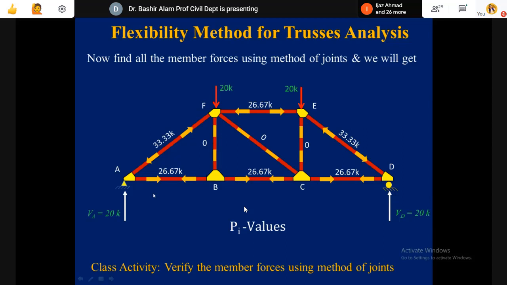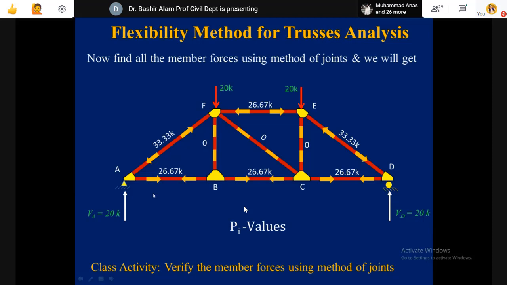Now if you have any confusion about fixing the direction of these member forces or the magnitude of it, I'm not running any sin theta and cos theta now. I'm just going by the ratios directly. Why is that? Because I would have to do a lot of calculations.